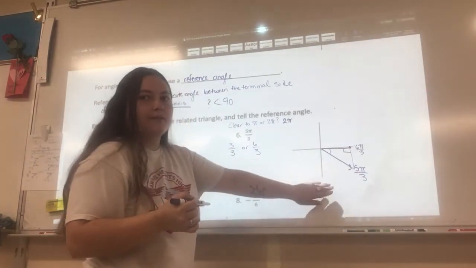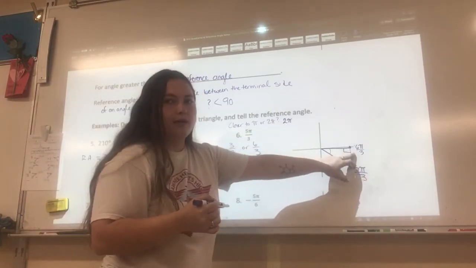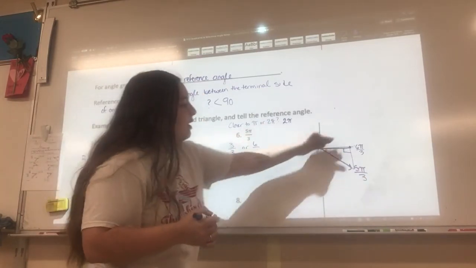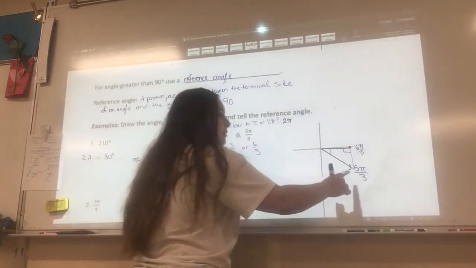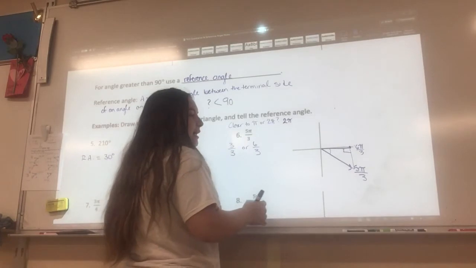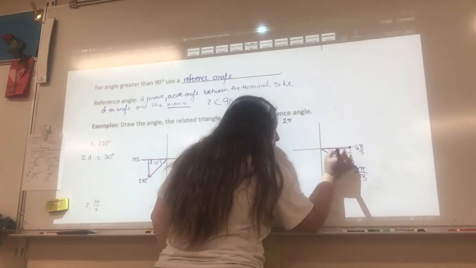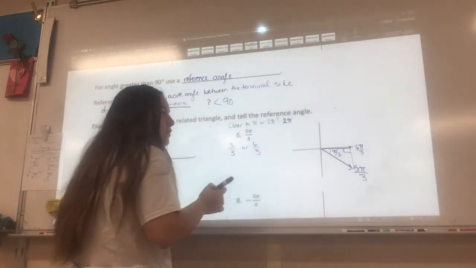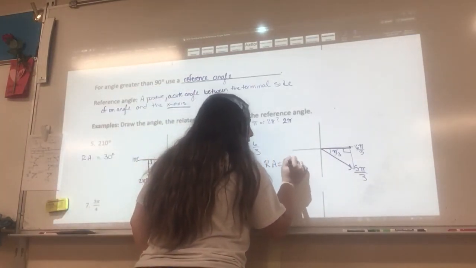See how that worked? I decided I was closer to 2 pi, so I knew I was over here. But I am less than 2 pi, so I go down from my area. Well, what's the difference between 6 pi over 3 and 5 pi over 3? A pi over 3. So our reference angle is pi over 3.